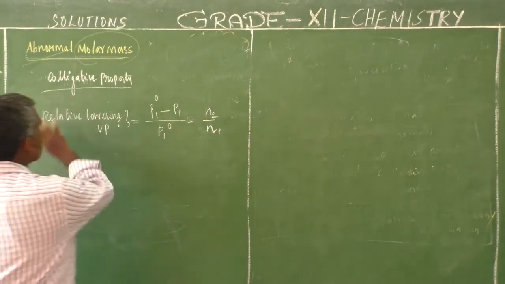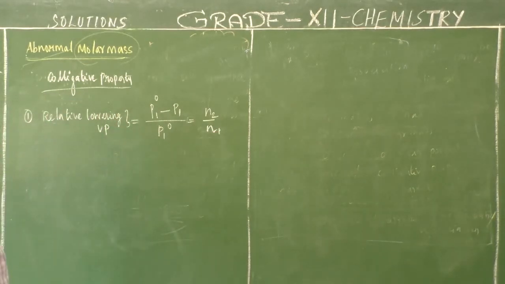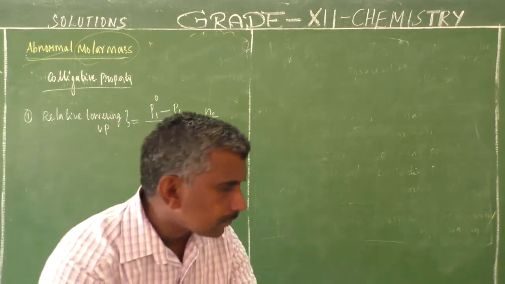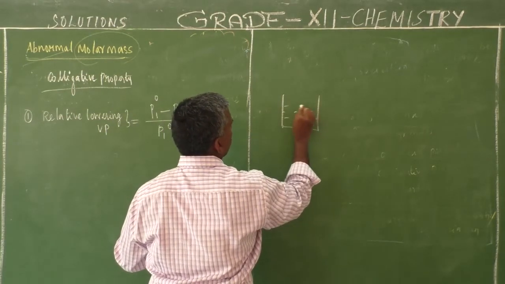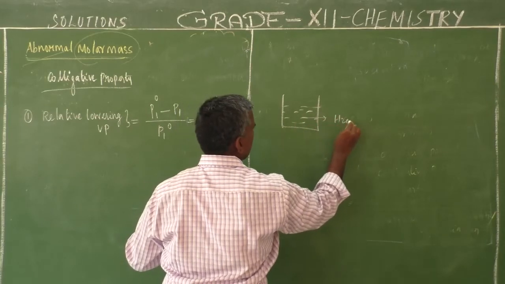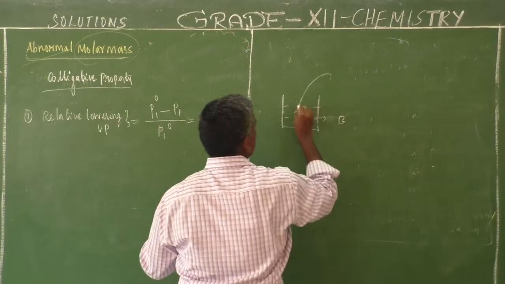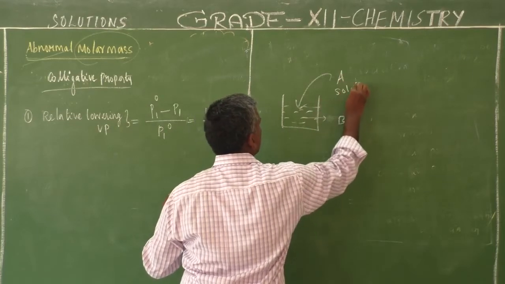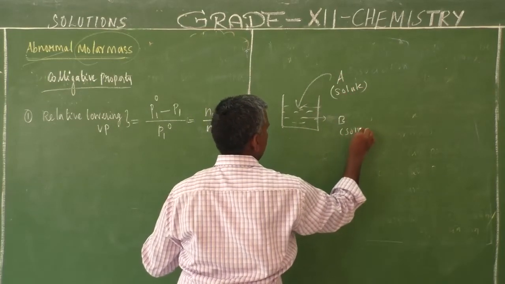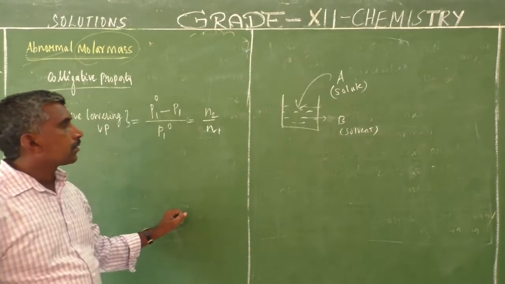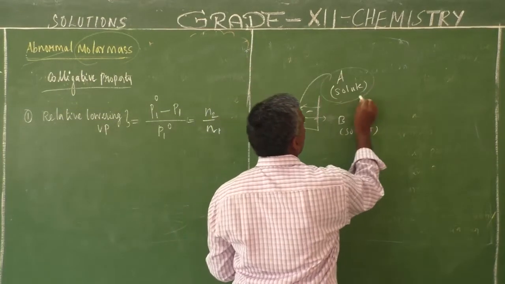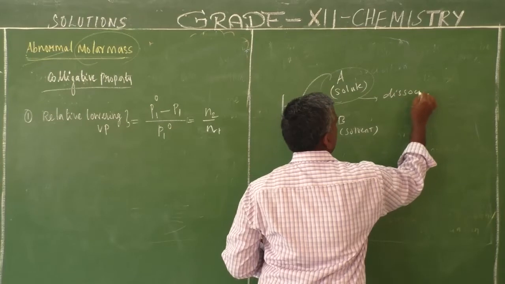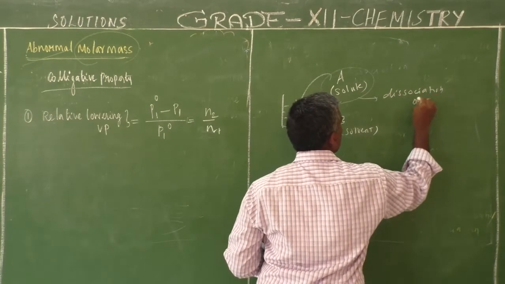This is the normal colligative property, where N1 is the solvent and N2 is the solute. The previous colligative property does not consider solute dissociation or association.